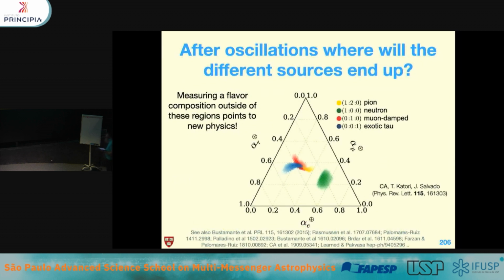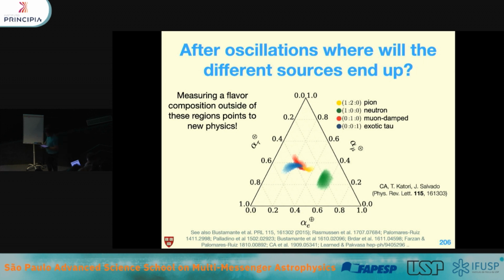So what you can do is figure out where you end up if you know the PMNS matrix elements. Here the different colors represent the different initial beams: pion, neutron, muon damped, and I put in some taus for completeness. Here again are the flavor fractions, and each of these blobs tells you the region that's allowed.